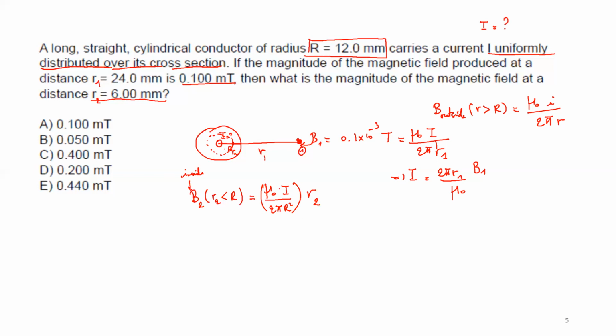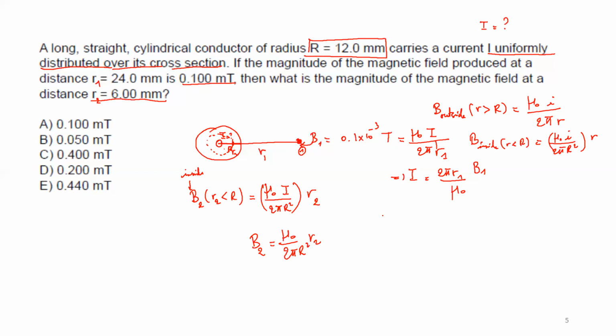So B inside, when r is smaller than capital R, is just mu naught times current divided by 2 pi radius square, multiplied by the distance r, which is how far I am from the center. You just use that here. So B2 will be mu naught divided by 2 pi capital R square, multiplied by I, multiplied by R2.